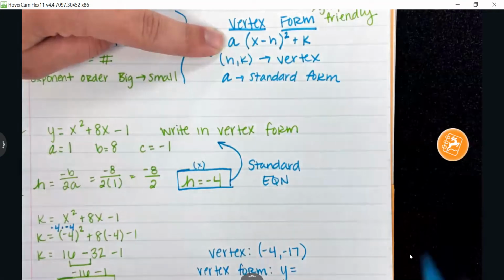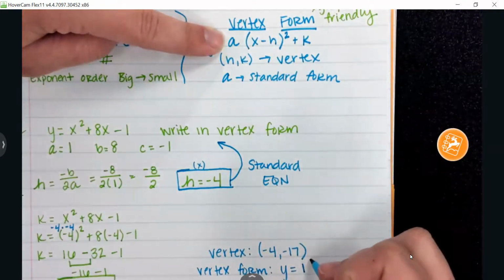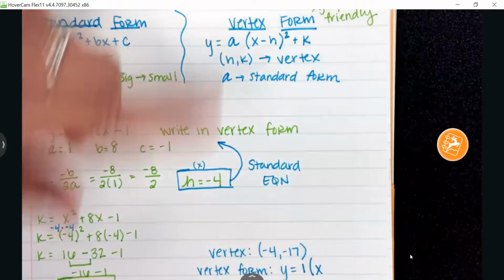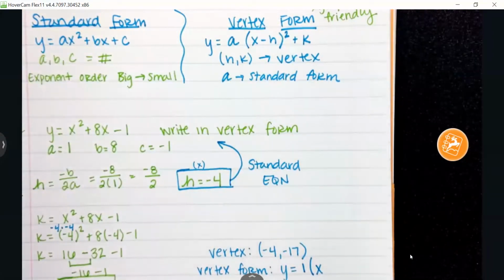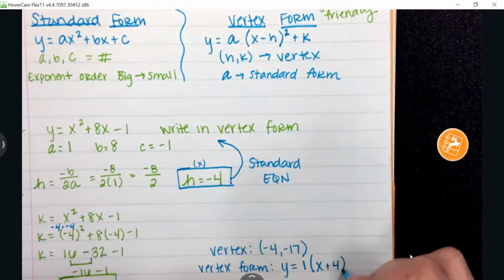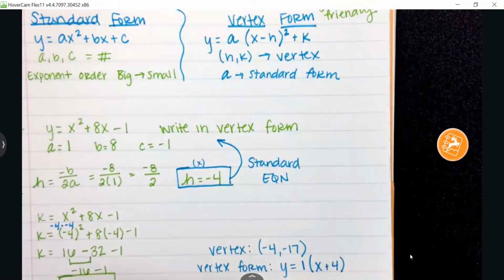That way we know where it came from. 1, parentheses, X. What number is in the X spot of my vertex? Negative 4, but what do I have to write in my equation? Why is it positive 4? Inside's opposite. You flip it when you put it in the equation.